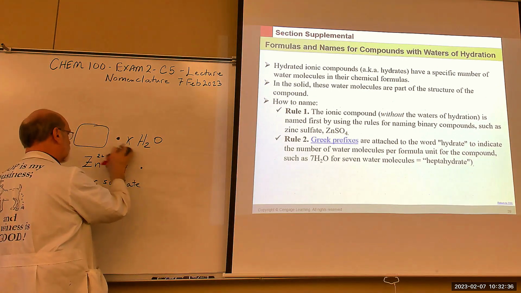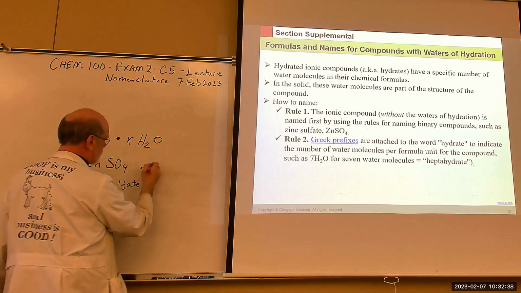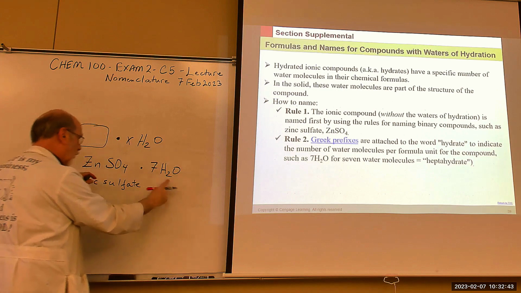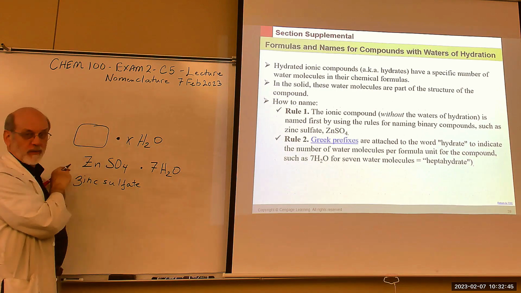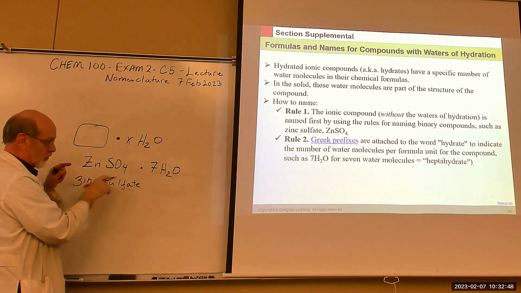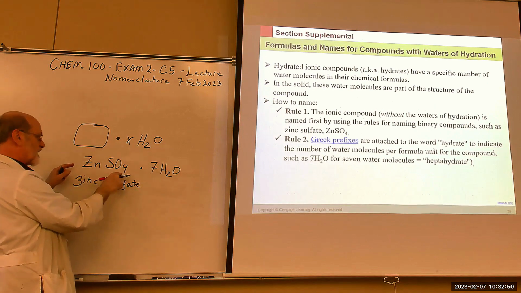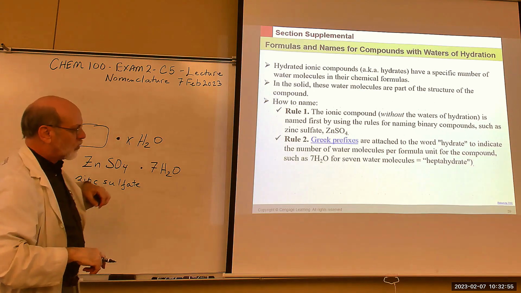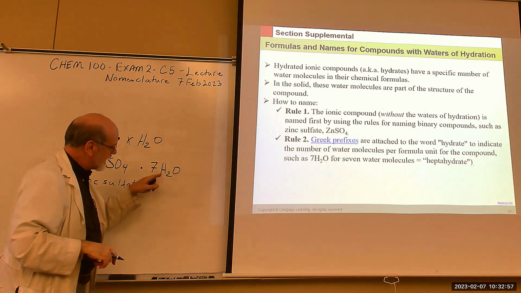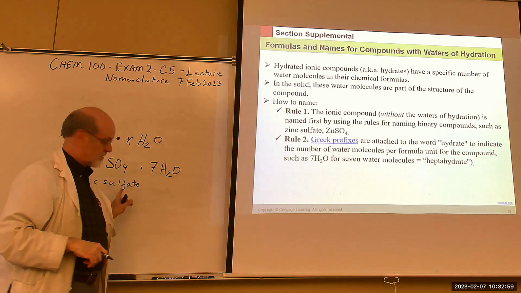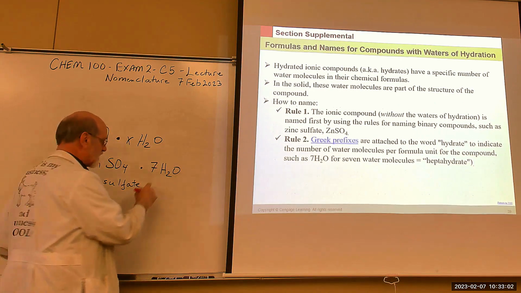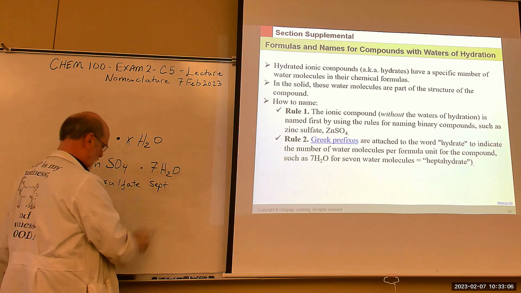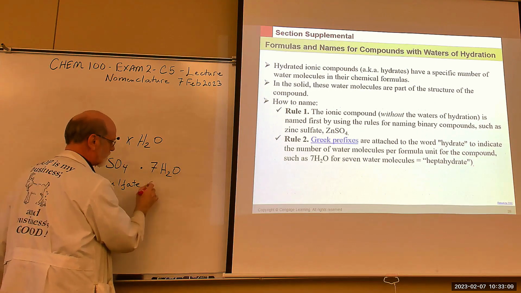Let's get rid of those. We don't need those. 7 water molecules for every 1 formula unit of zinc sulfate. The ratio is 7 of these to 1 of these, right? There's a 1 out here. So when we do that, we say how many waters are attached to this formula by prefix, excuse me, not septa, hepta.